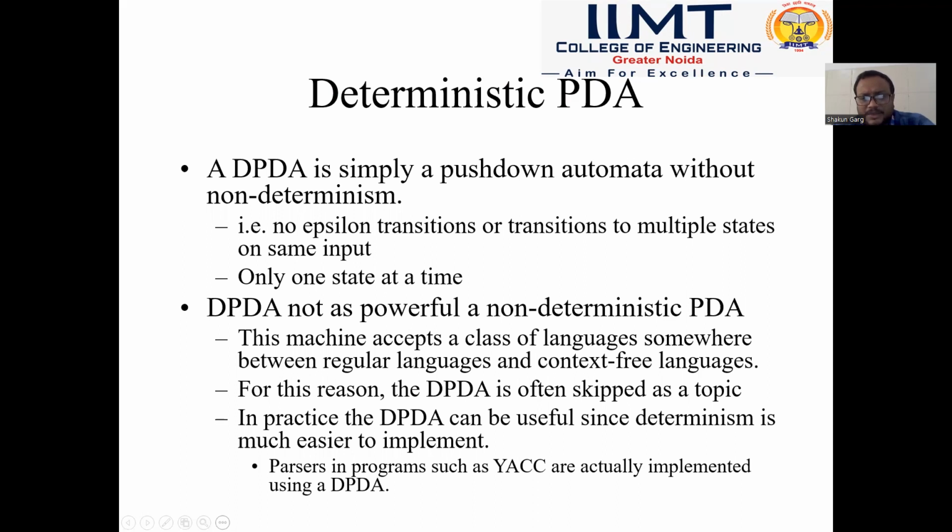This machine accepts a class of languages somewhere between regular languages and context-free languages. For this reason, the DPDA is often skipped as a topic. In practice, the DPDA can be useful since determinism is much easier to implement. Parsers in programs such as YACC are actually implemented using a DPDA.